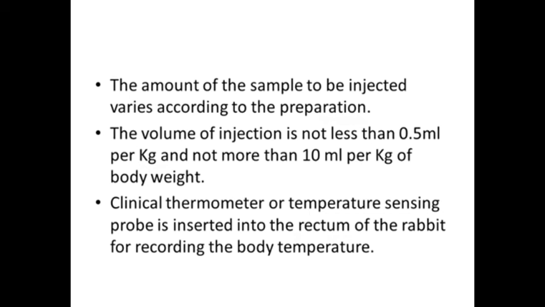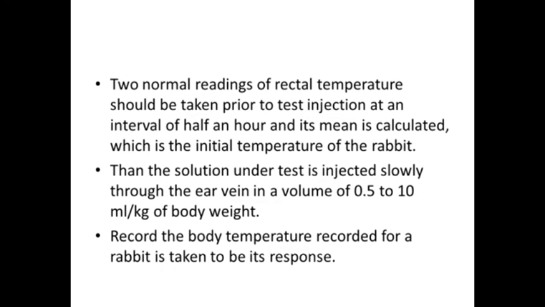Next we see some containers and closures of these parenteral products. In that, type 1 glass is used for aqueous preparations, and plastics like polyethylene and polypropylene are used as plastic containers.